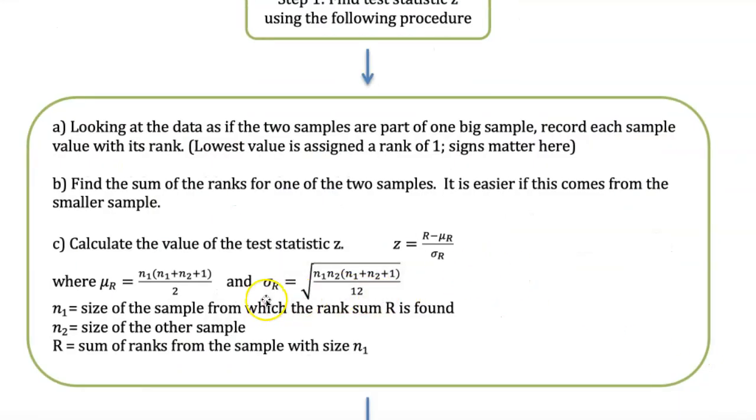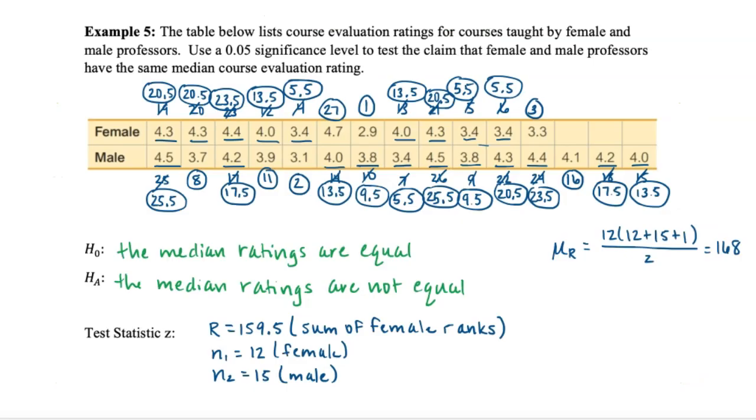And next, I can calculate my standard deviation of ranks using this formula. And so this standard deviation of ranks will be equal to the square root of n1 times n2, so 12 times 15, times n1 plus n2 plus 1, all over n1.